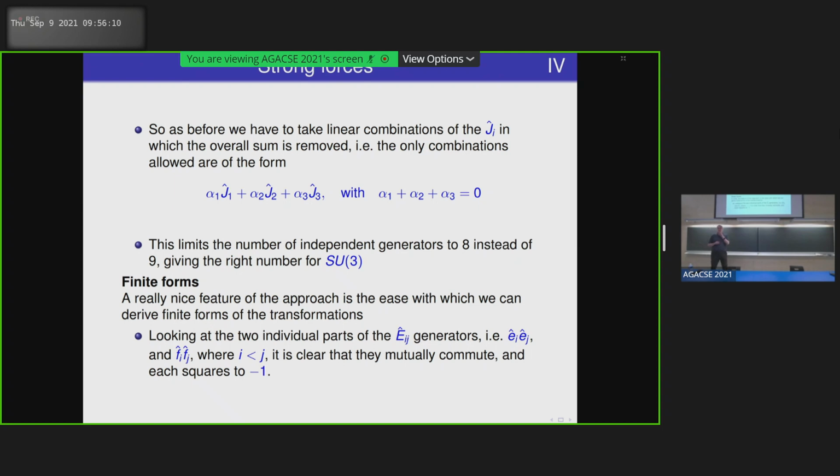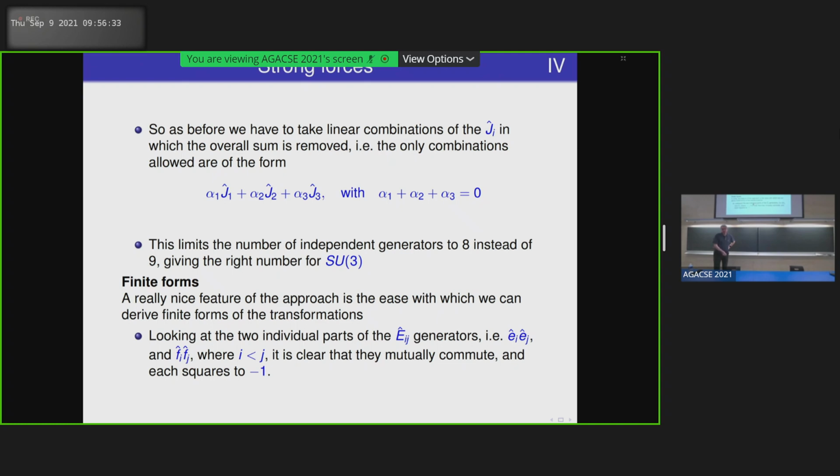I won't spend long on this, but in this approach, it turns out you don't need to bother with decomposing into commuting bivectors. Well, first of all, these are operators, not bivectors, but they're already decomposable immediately. You can take the exponential straight away to find finite forms of the transformations.